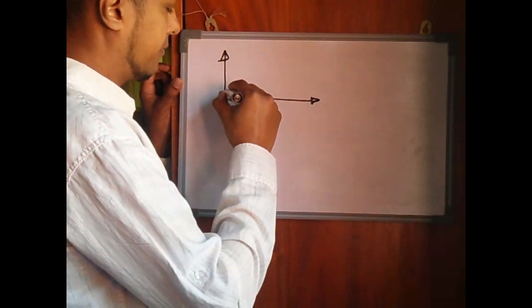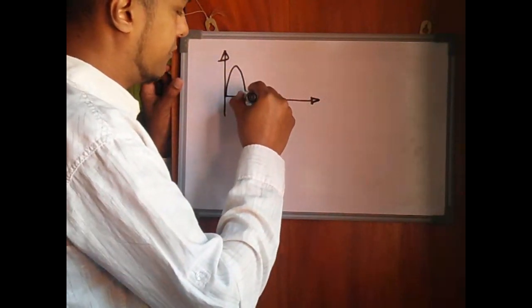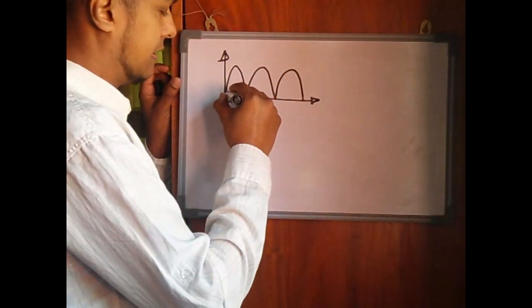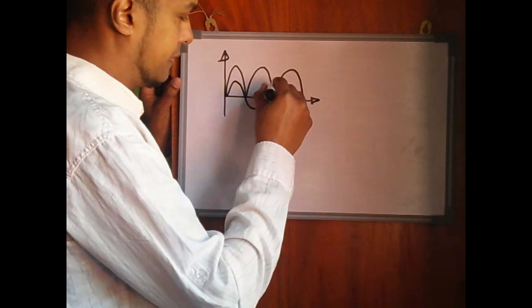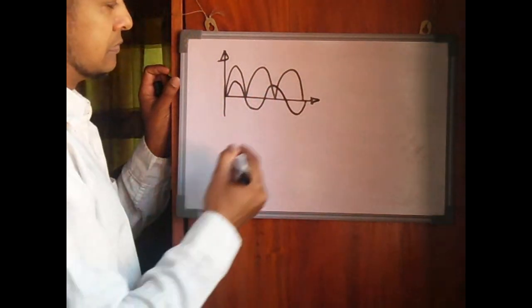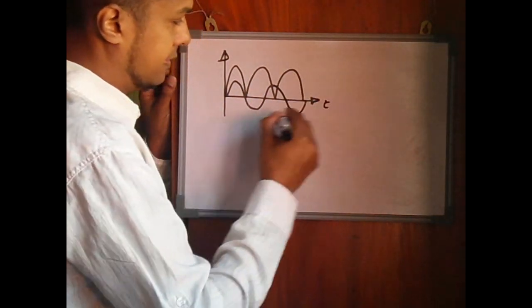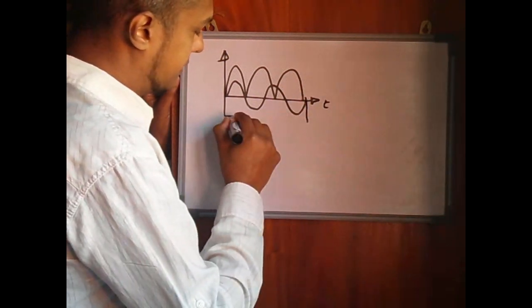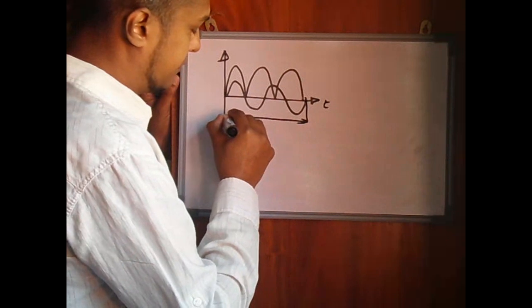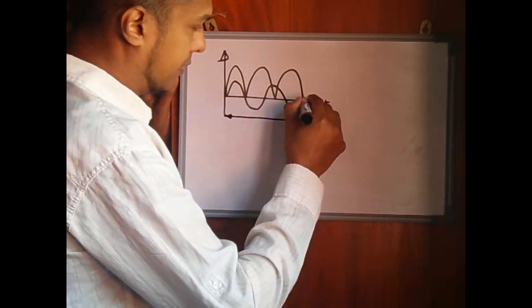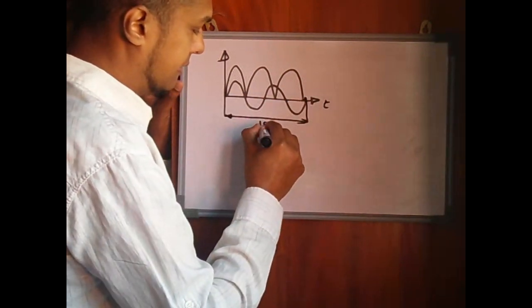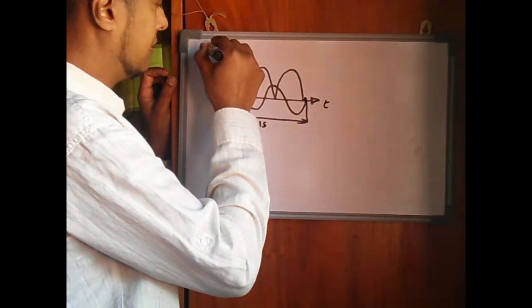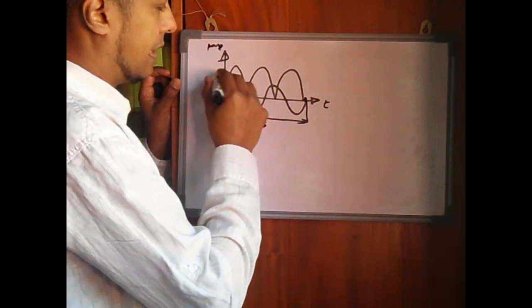This is one type of wave, and this is another type of wave, and we have the time here. Let's say the time in this particular amount is 1 second. Just imagine. And this is the amplitude.